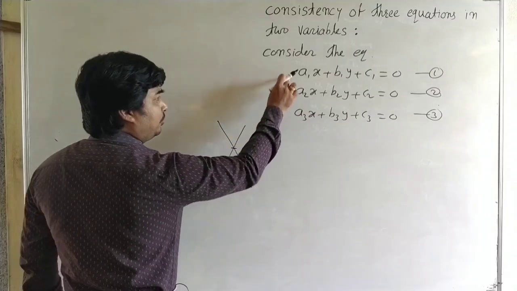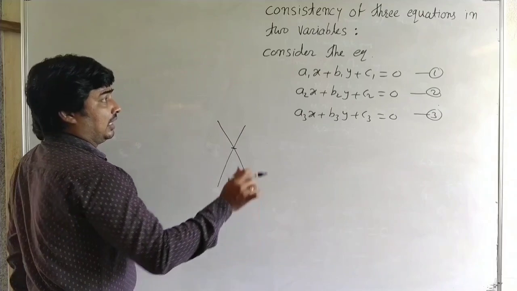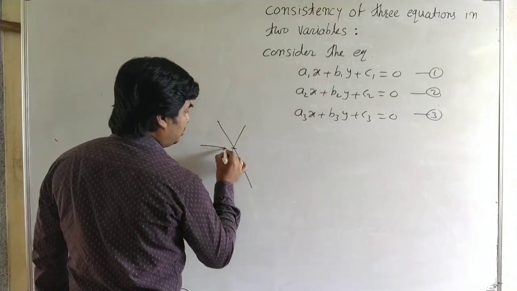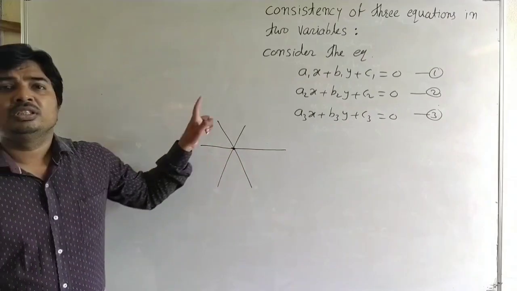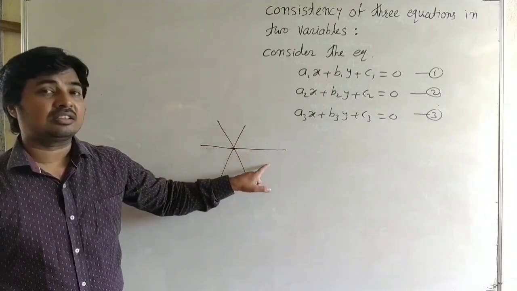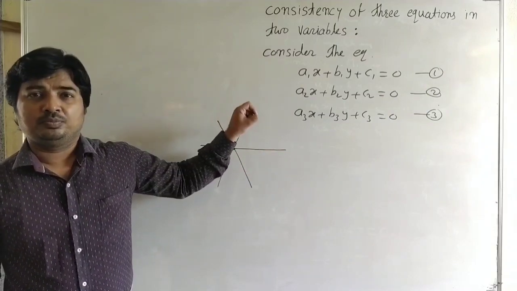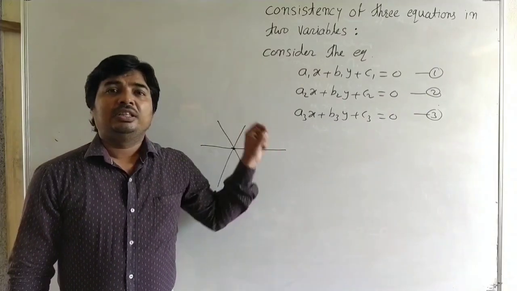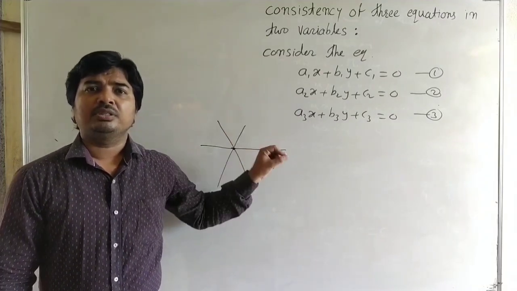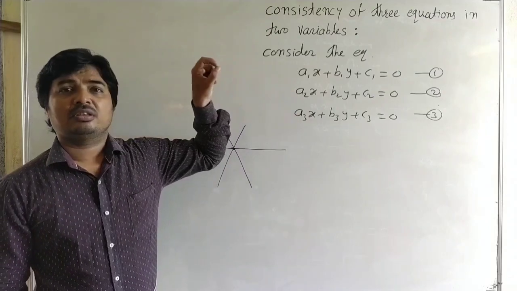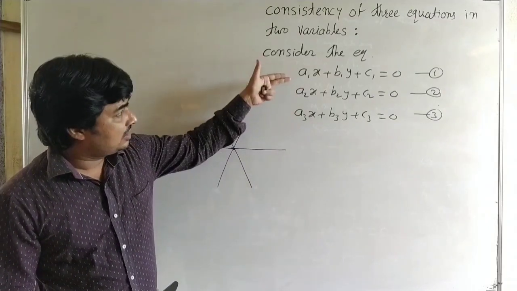Okay, here if two equations have a common solution, that means two equations intersect each other, then the third equation is also passing through the point of intersection, that means it is a common solution of the three equations. That means the three lines are consistent. These are the equations of lines. Consistent means they have a common solution. If these three equations have a common solution, then the three equations are consistent.